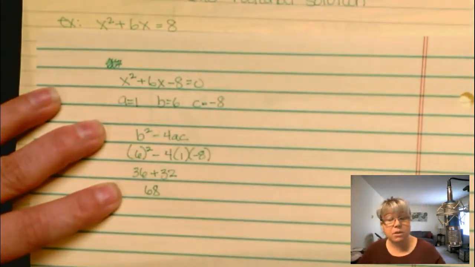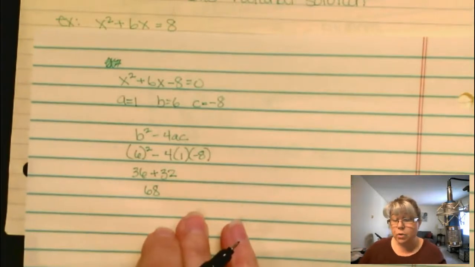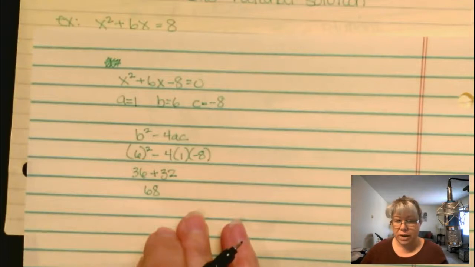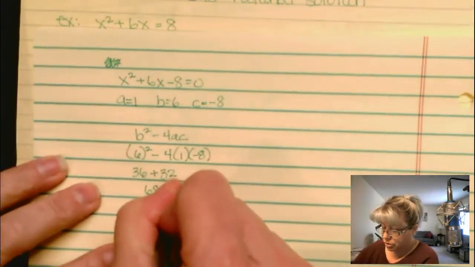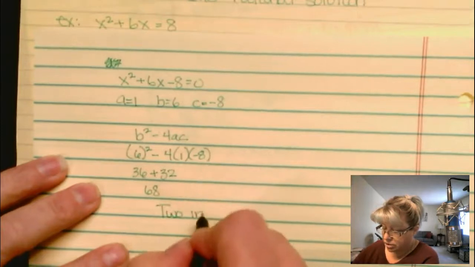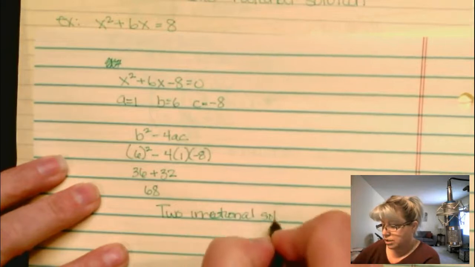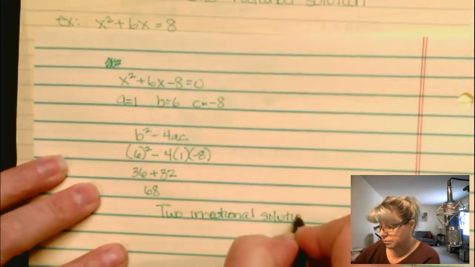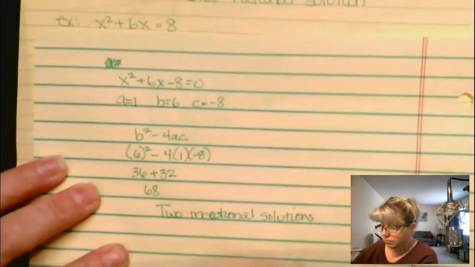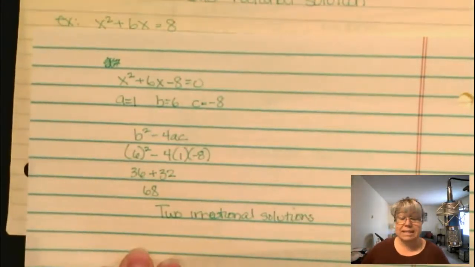It's a positive number, so again, our choices are, is it a perfect square or is it not a perfect square? 68 is not a perfect square, therefore we will have two irrational solutions to this quadratic equation. So again, it does not tell us what they are. It doesn't tell us the exact value of x, but it tells us what we should look for in our solution.